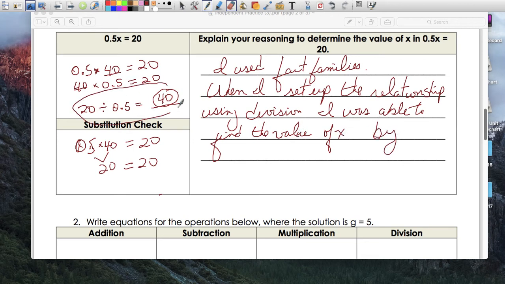We did this. This is what helped us. By dividing 20 divided by 0.5, which gave us 40.